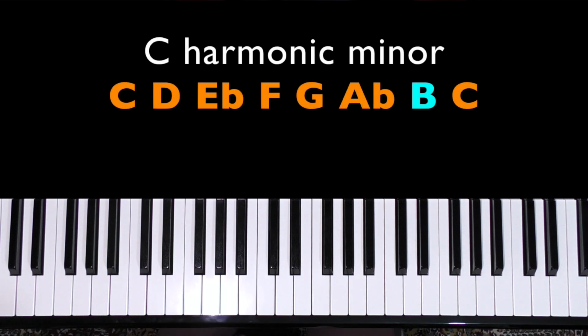So to turn C minor into C harmonic minor gives us a new thing, which is the 7th note is currently a flat. So the 7th note is part of the key signature, the B flat. 1, 2, 3, 4, 5, 6, 7. So we have to sharpen that or raise that. Remember, to sharpen a note is simply to make it a semitone higher. So any note on the piano can be a sharp or a flat. So if we sharpen a B flat, we get a B natural.